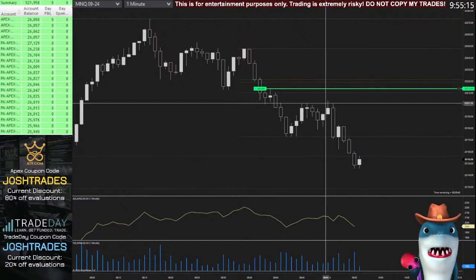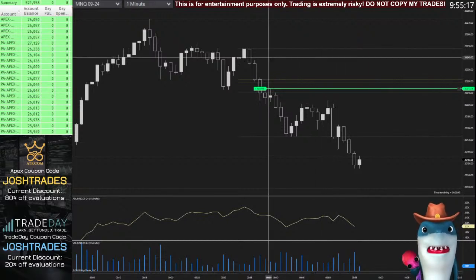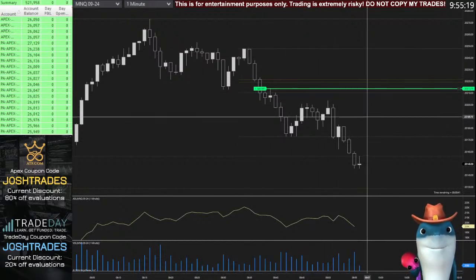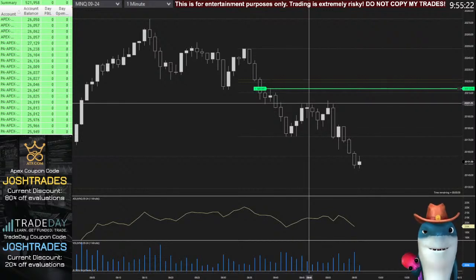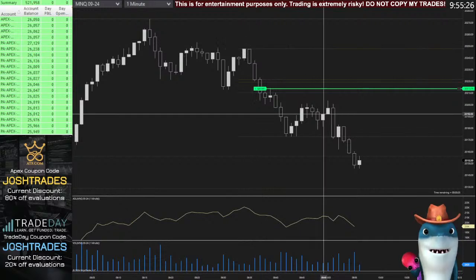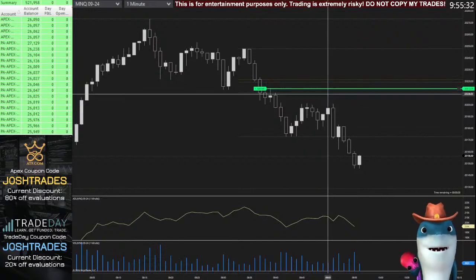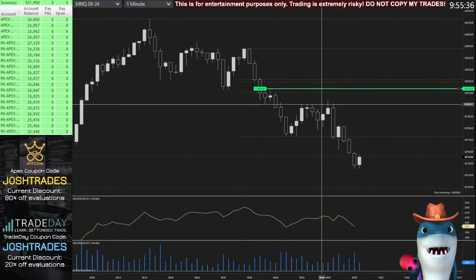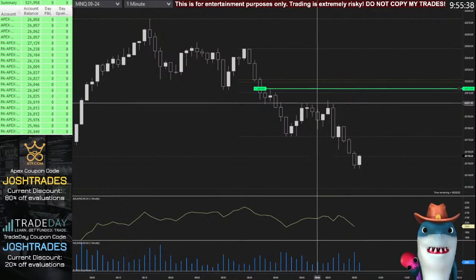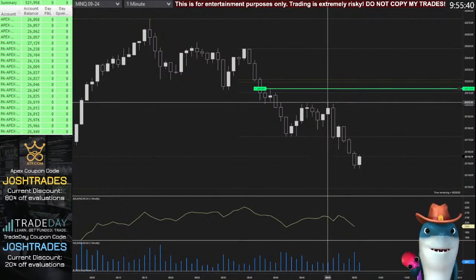When I was coming up with the setup, figuring out what technical setups I liked, I did consider putting entries at any liquidity, even if it was not above the 0.5 fib. And I just found that in many cases, it backed up.